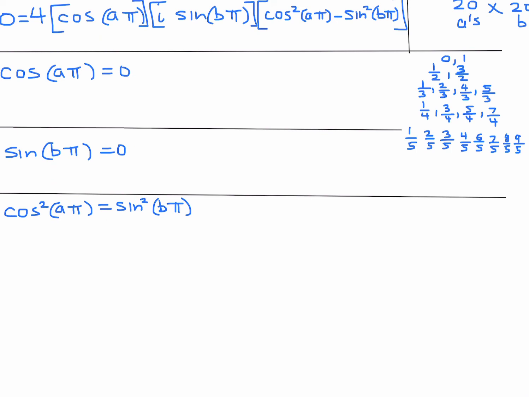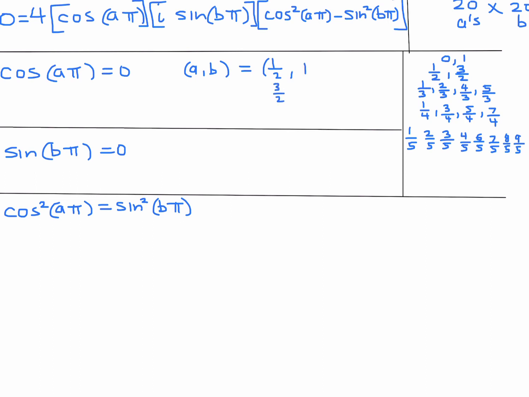All right, so I've got all my values for a and b here. And now let's work with this. So if cos aπ is 0, this first one, then what does that mean in terms of a and b, the possible pairings I can get? Well, a has to be either 1/2 or 3/2.